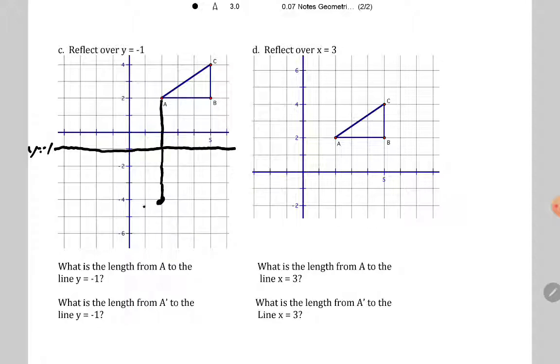And here's A prime. B prime. And then C prime. Not so bad.